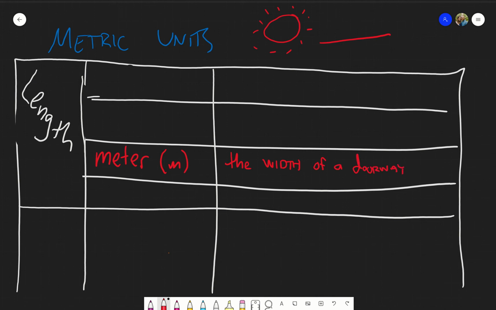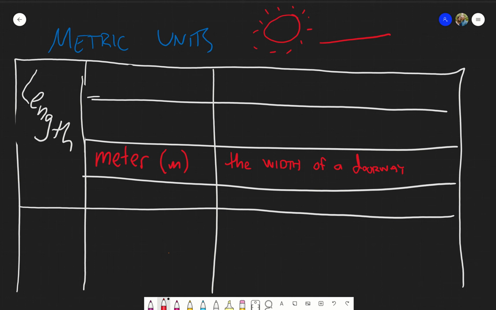So if you think about a door, if you can see a door right now where you're sitting, look at how wide that is. That's about a meter. Meters and yards are very similar, just a few inches off. But a meter would be the width of a doorway.